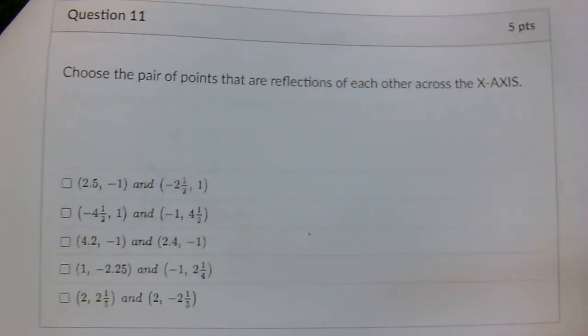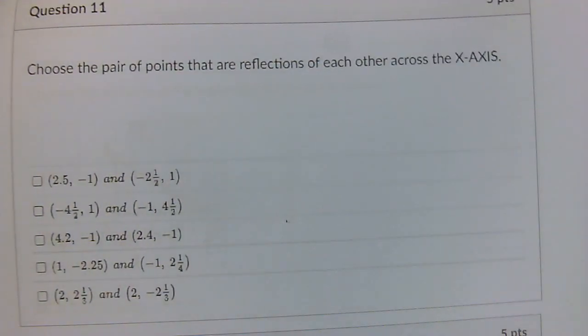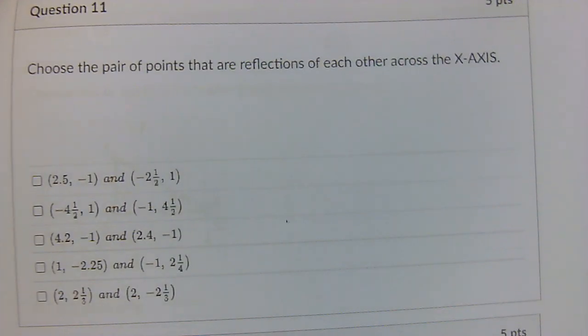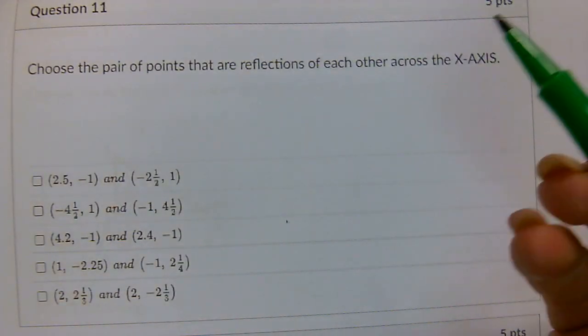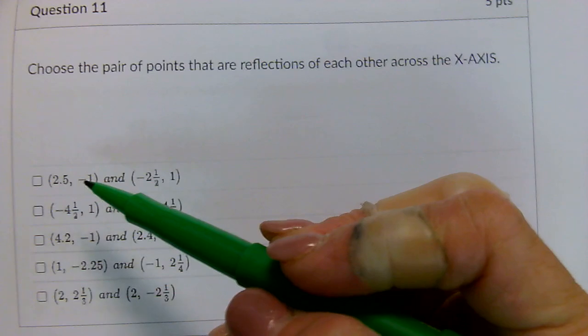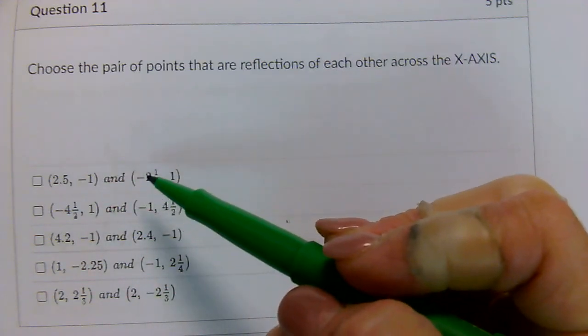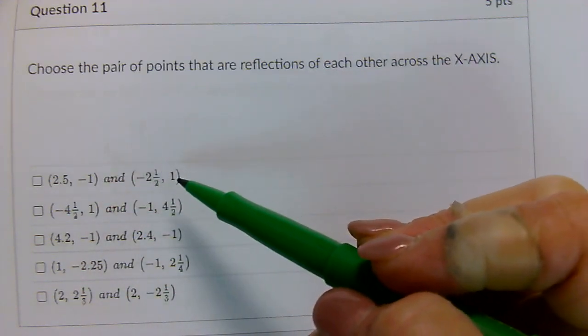Moving on to question 11. It says choose the pair of points that are reflections of each other across the x-axis. Now, we have (2.5, -1) and (-2.5, 1).